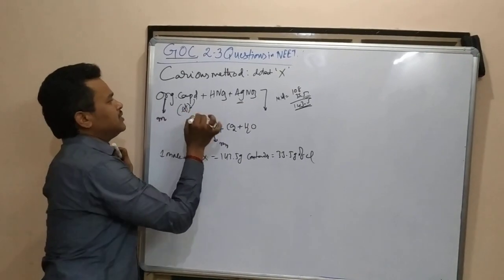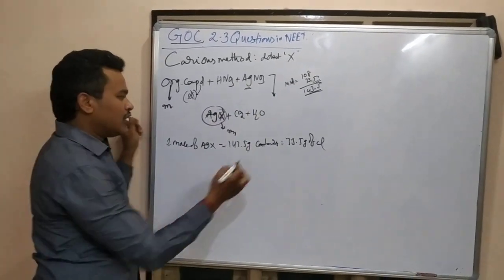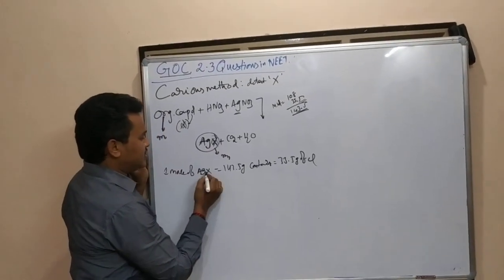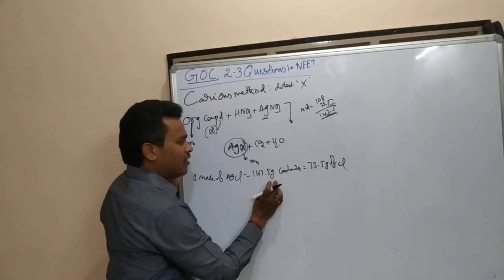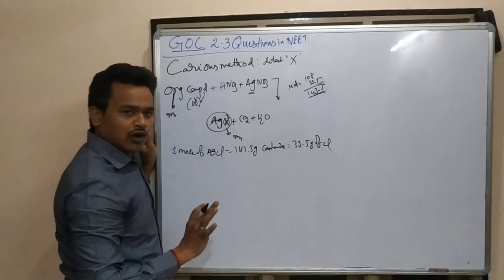So 1 mole of AgCl, 143.5 grams, contains 35.5 grams of chlorine.